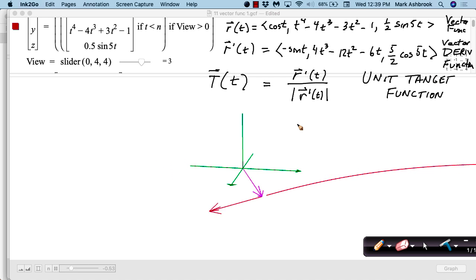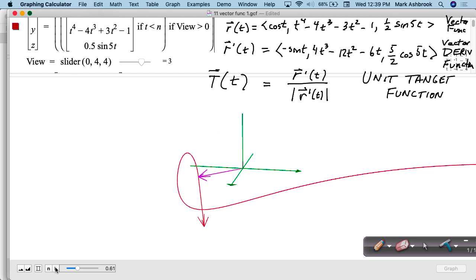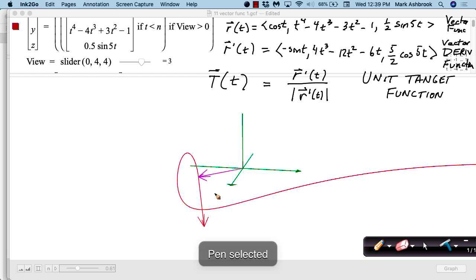So I can pause live here. And now t is 0.61. So now you can write that vector, T of 0.61. And if you really needed to get that, what would you do?